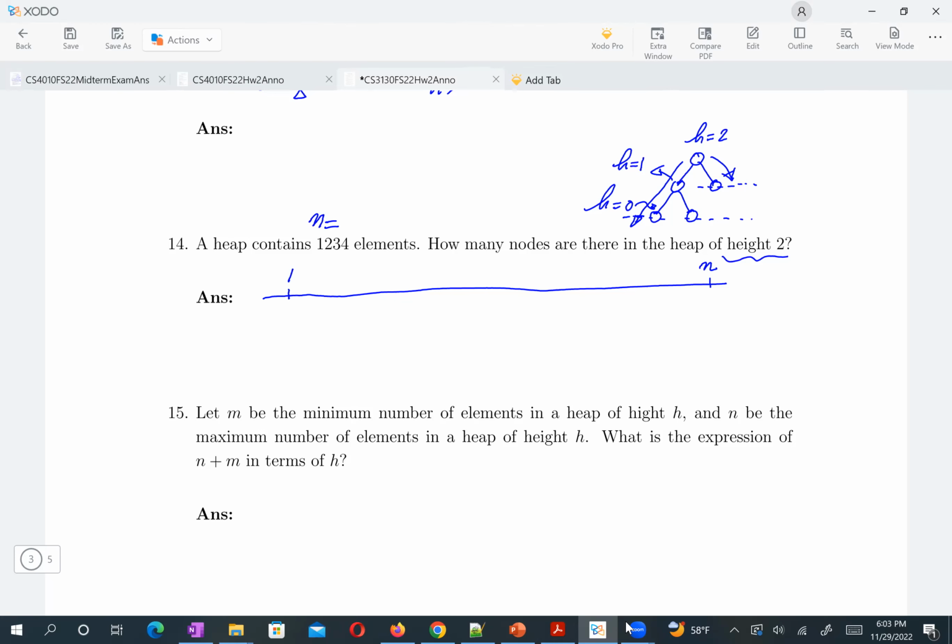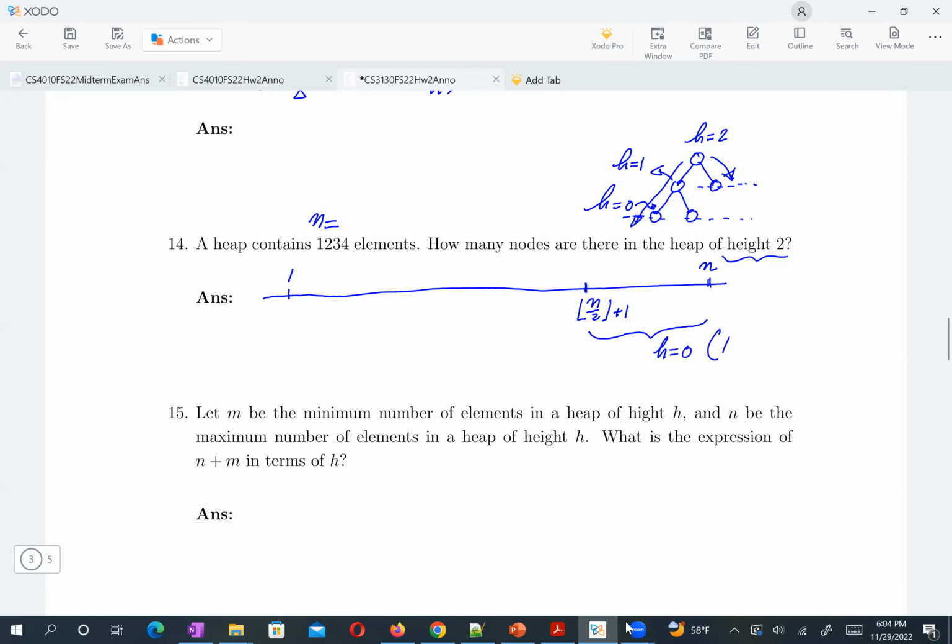The first subinterval, including this point and the last point, corresponds to height equals 0.